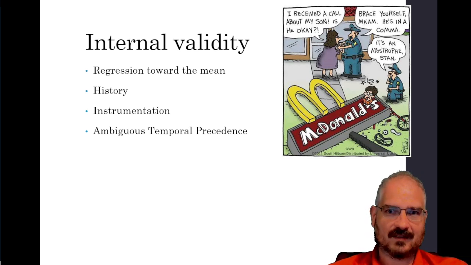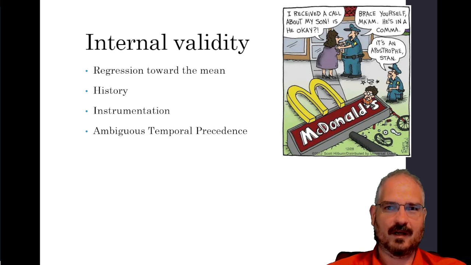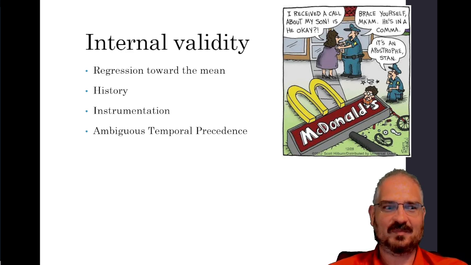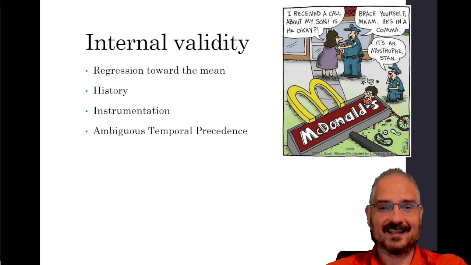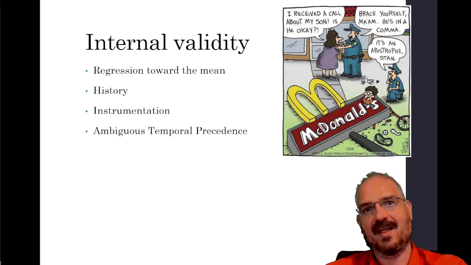That's a history effect. I did a study a few years ago where we were asking people about gun laws. And we wanted to do a survey, but I couldn't send the survey to all of the people in one day. My email client wouldn't let me. So I had to split it up over 3 days. I sent an email asking people to participate to a third of the sample on day 1, another third of the sample on day 2, and another third of the sample on day 3.